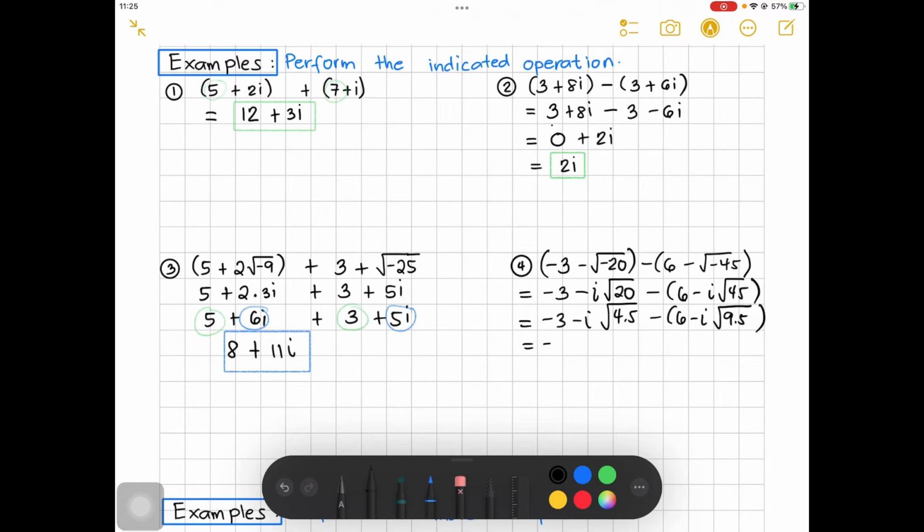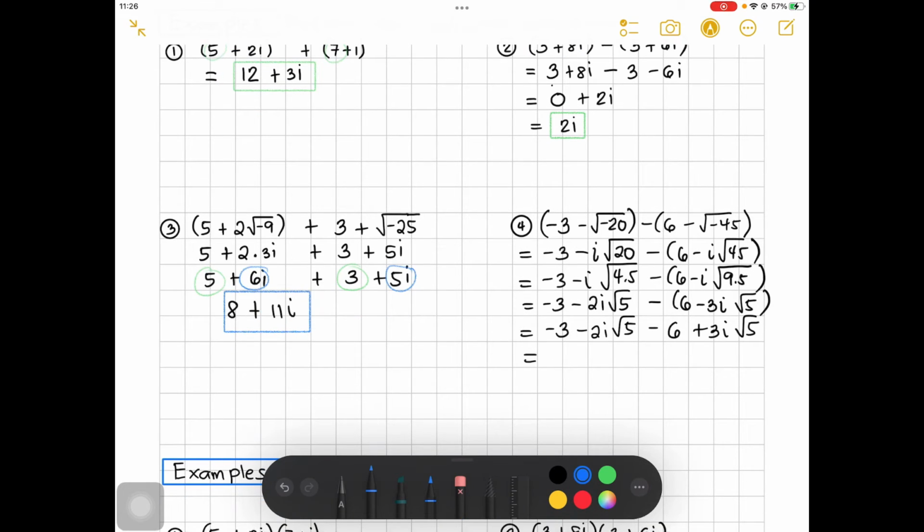Then we can extract the perfect squares. Negative, square root of 4, so that is 2. So we have here 2i square root of 5 minus square root of 9, that is 3. So we have minus 3i square root of 5. We can now distribute the negative sign. Then we combine the real parts and the imaginary parts.